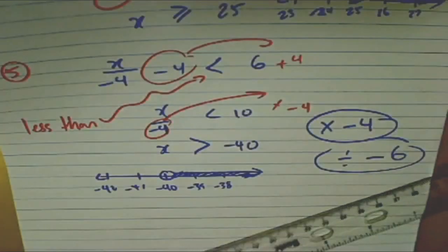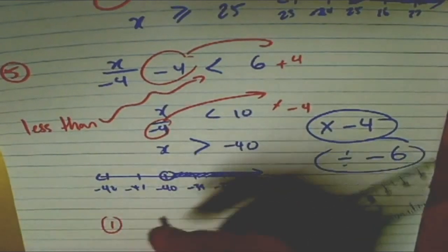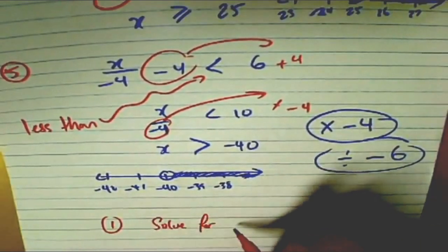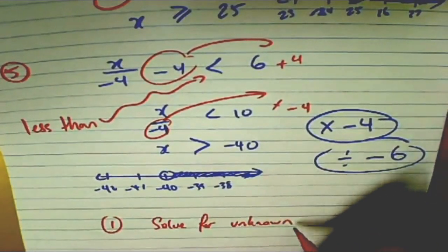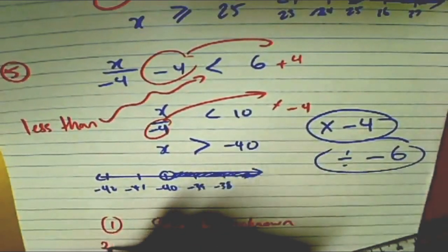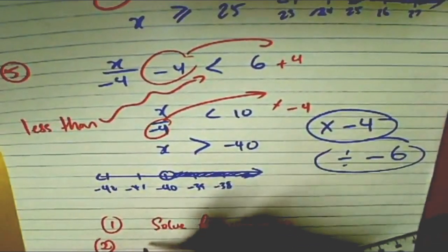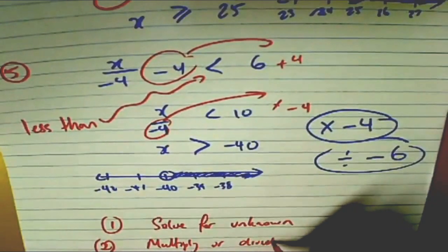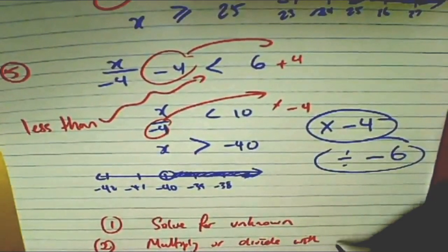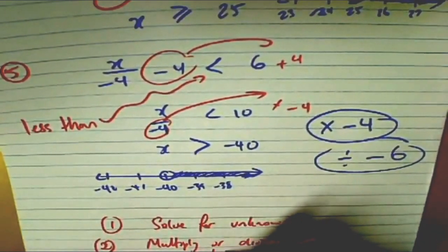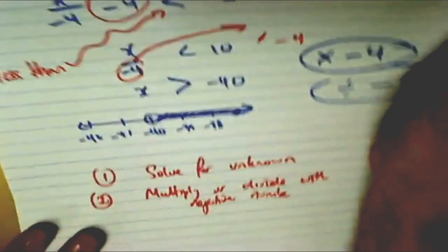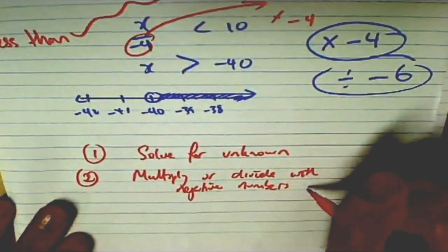Yeah, just one more time. First thing you've got to do is solve for x. So solve for the unknown. If you multiply or divide by negative numbers, then you've got to do a swap. You can do a flip.